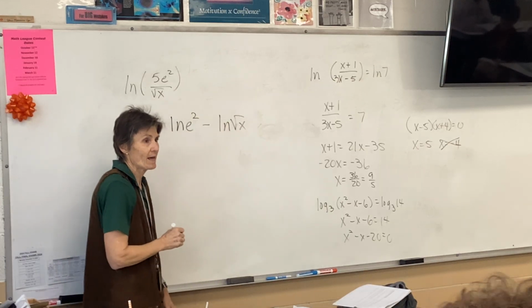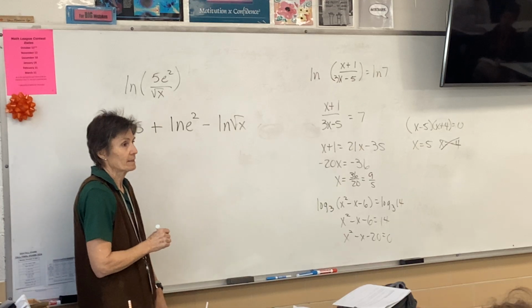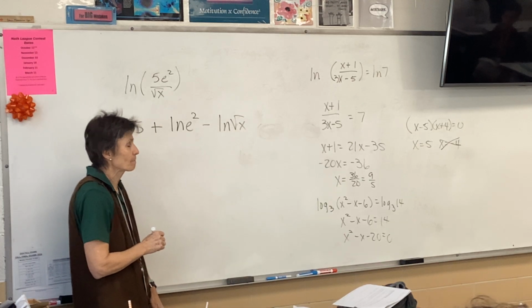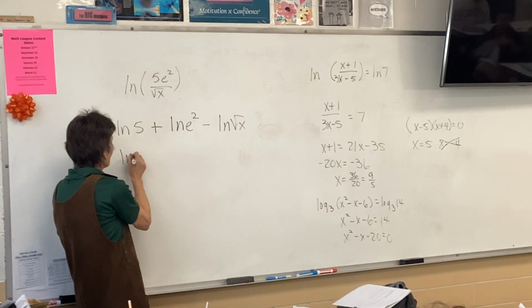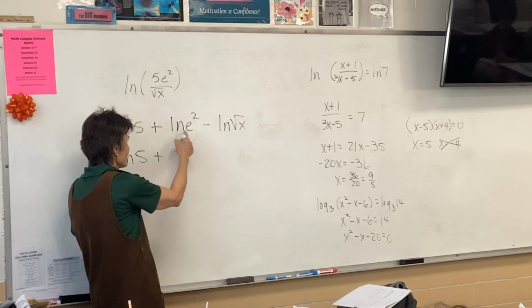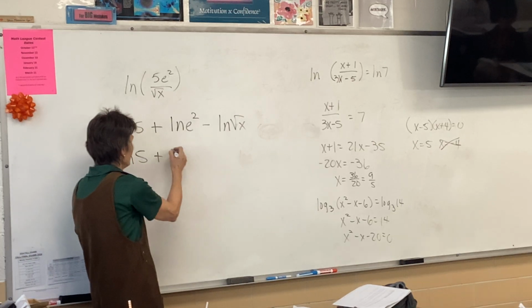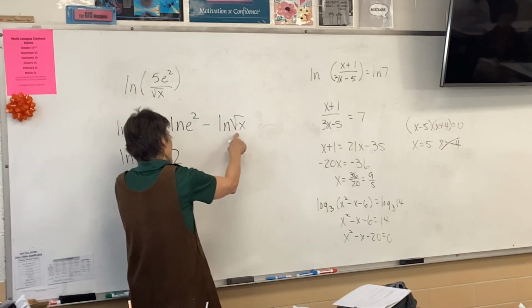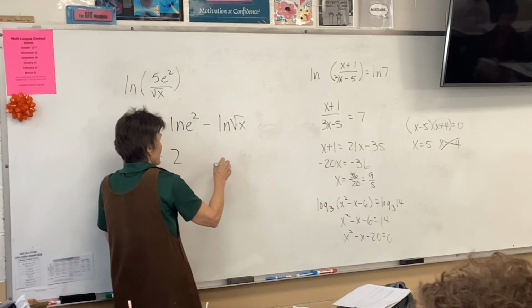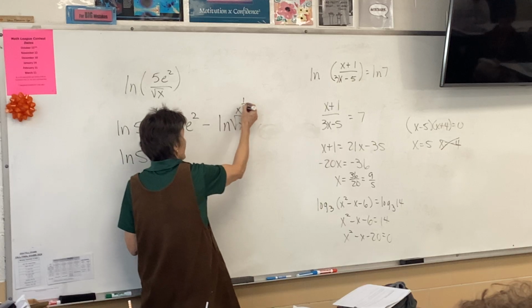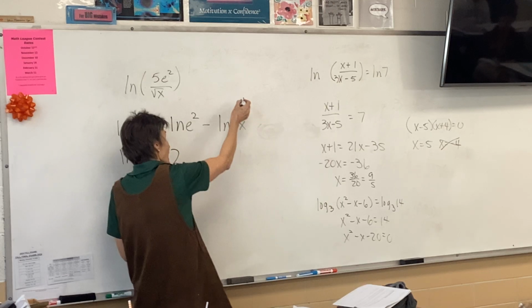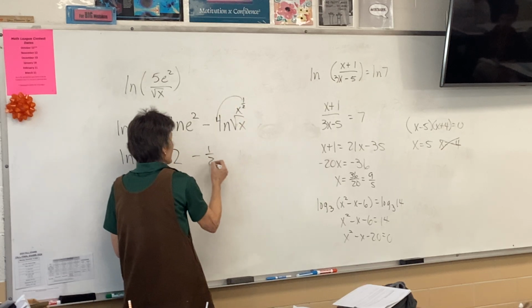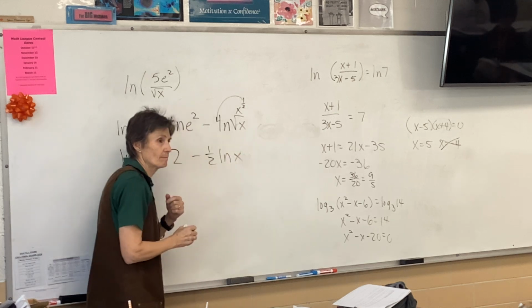Would everybody agree with that as the beginning, anyhow? Not much I can do with ln 5. What's ln e squared? 2. And what does the square root of x mean? x to the 1/2, so minus 1/2 ln x.